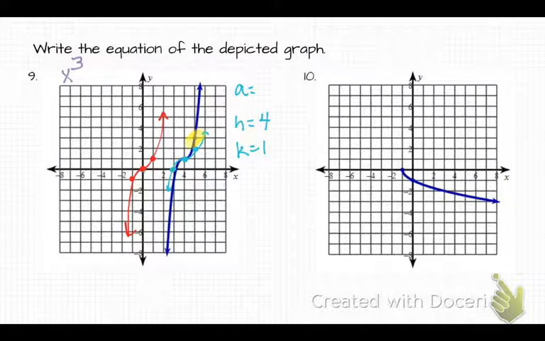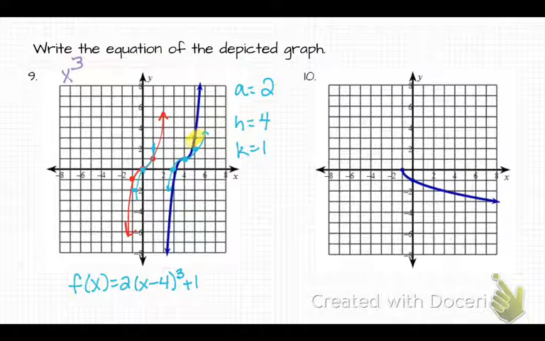It's stretched by 2 because if I move that whole blue graph back to my origin, I would end up with my point right here. So I can see that it's been stretched by a factor of 2. So to write that as an equation, I have f of x equals 2 times x minus 4 quantity cubed plus 1.